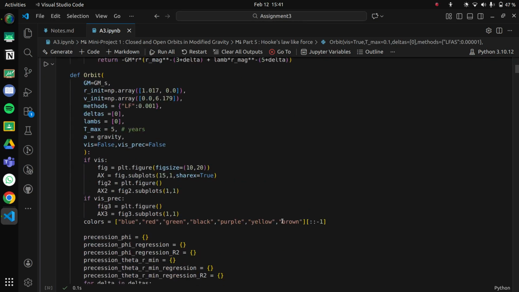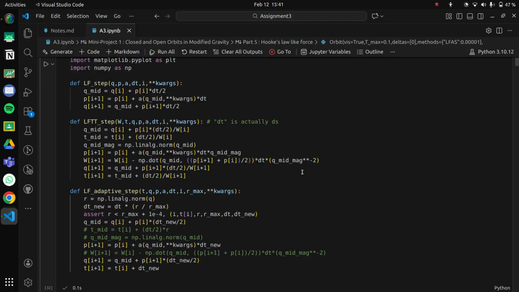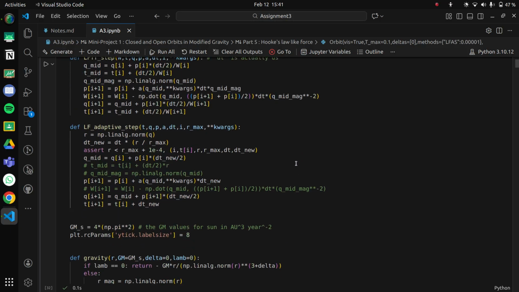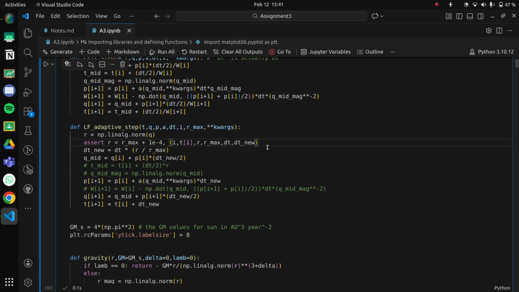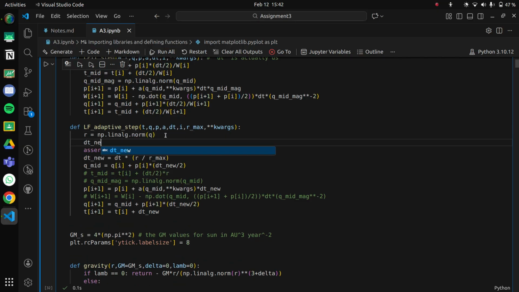So what I'll do is move this upwards, rather than asserting here. Now you might think, but then you don't know what dt new is. So I can just define dt new to be something else, I guess. Just define it to be None. dt new equal to None.